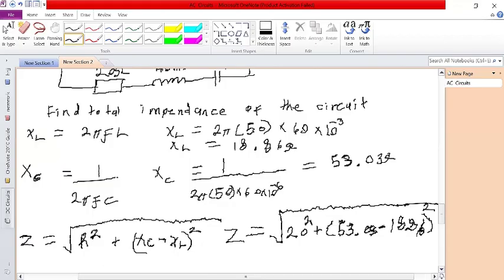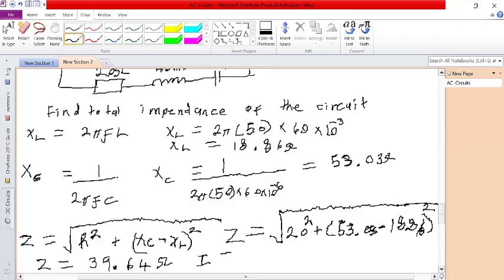So our total impedance for this circuit is 39.64 ohms.